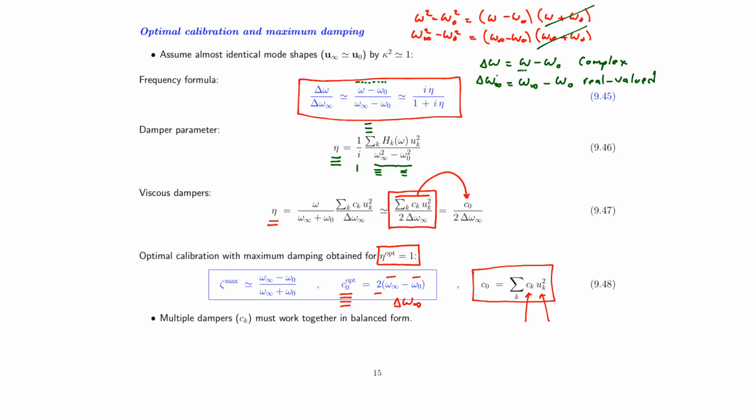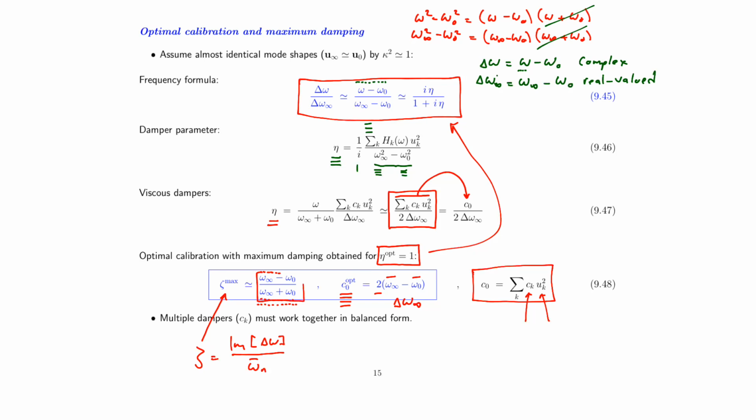Now, if we plug in eta equal to 1 in our expression, and we remember that the damping ratio is given as the imaginary part of omega 0 divided by some kind of mean value natural frequency, it turns out that the maximum damping ratio can be written in this extremely simple expression as the change in natural frequency given in the numerator divided by 2 times a mean value, here represented by omega infinity plus omega 0.